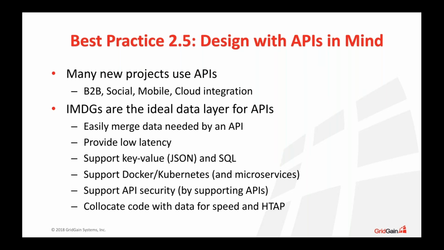You can look like JSON or SQL, it's your choice, because in-memory data grids should generally support key value and SQL. They're Docker and Kubernetes friendly by default. They work really well in private cloud infrastructure like OpenShift or Docker Enterprise, or the list goes on.